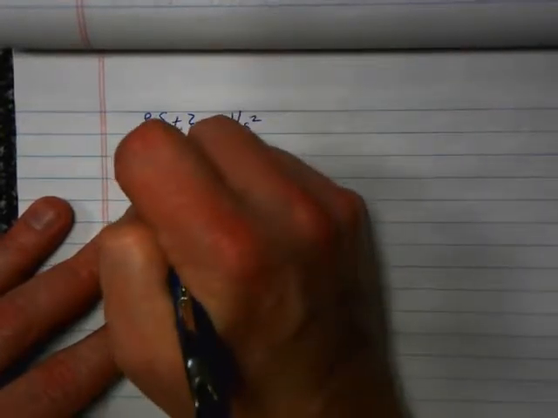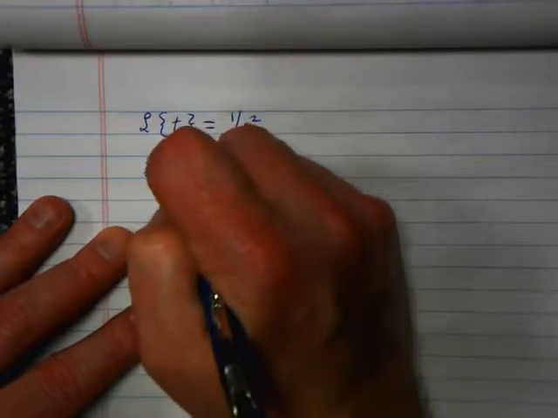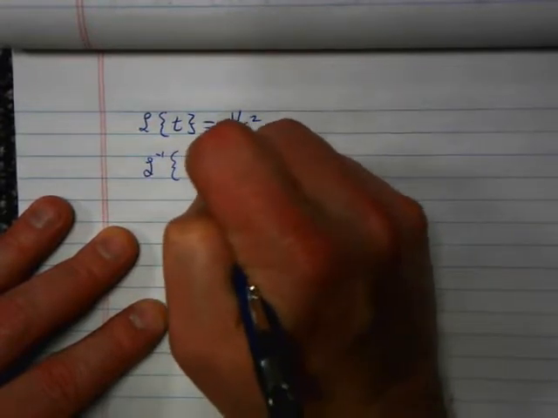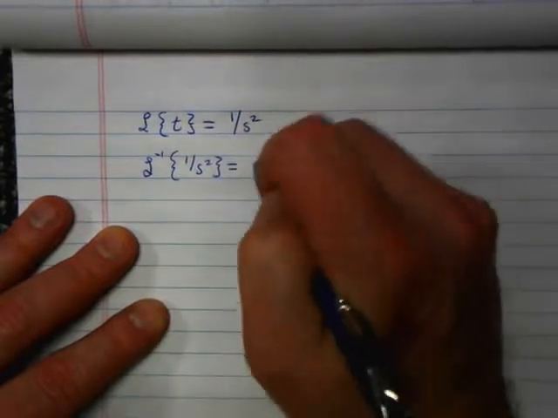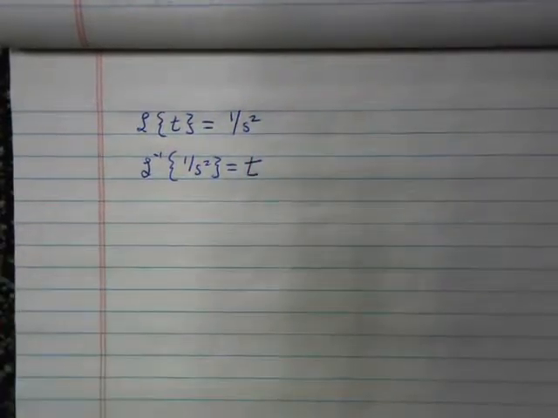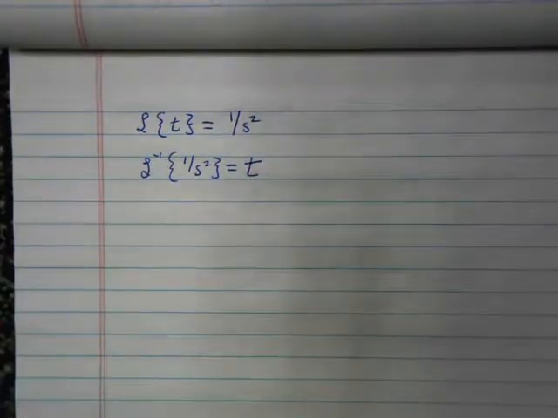So the inverse Laplace transform of 1 over s squared would therefore be t. So it's like squaring and square rooting, right? You go forward, you go backward. It's like integrals and derivatives.